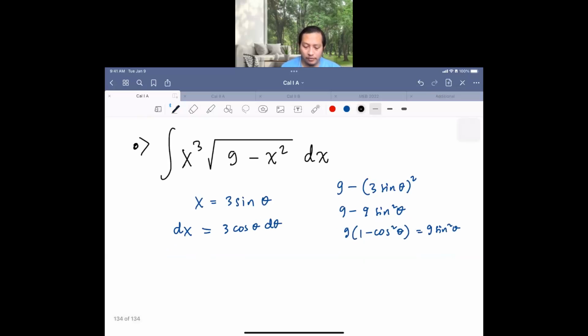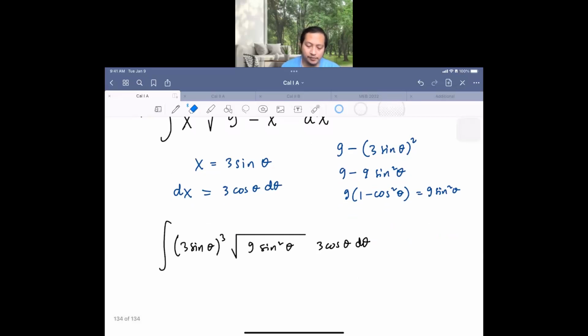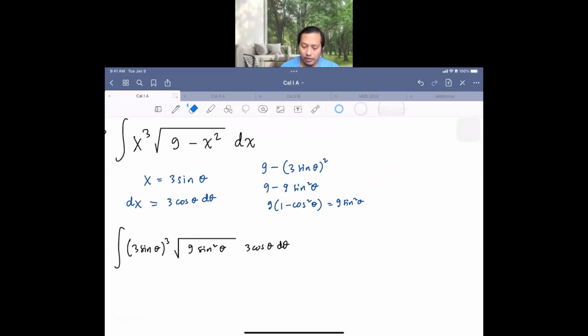Now we could substitute the 3 sine theta directly, and this will be the square root of 9 sine squared theta, and dx will be 3 cos theta d theta. It seems long, but that just takes time. So it takes time to solve this.